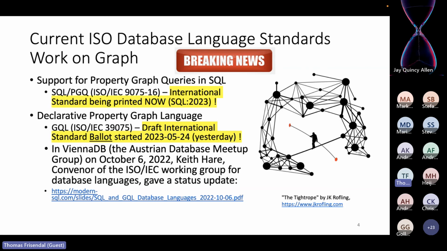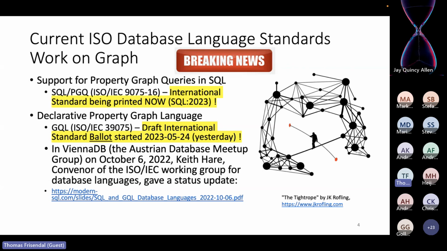Gremlin is reasonably popular also in a larger context. But the dominating picture in the property graph world is the property graph as expressed in products like Neo4j. That has now become an international standard, and you should be aware of this. There's now something called SQL Property Graph Queries. It is by now an international standard that you can actually order from your local ISO member organization and just go and buy it on their web shop.